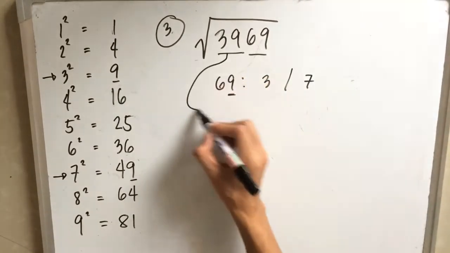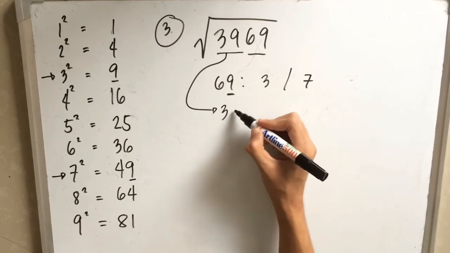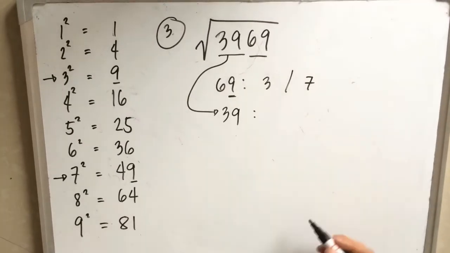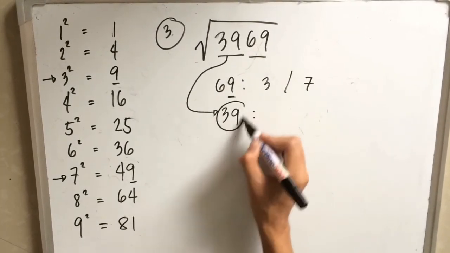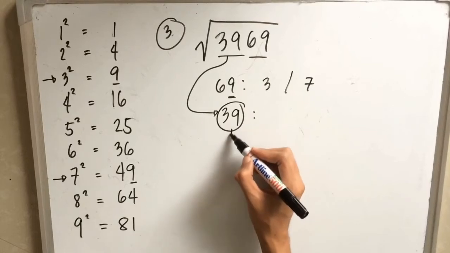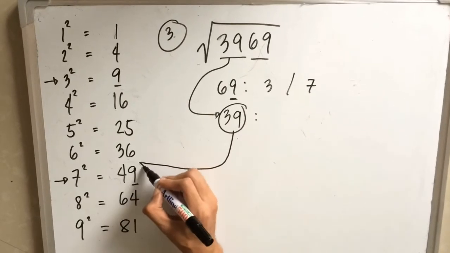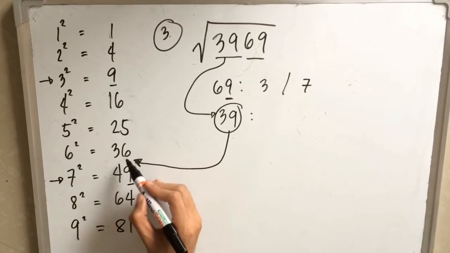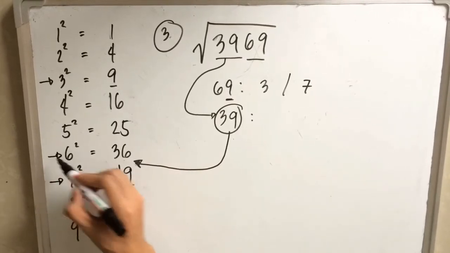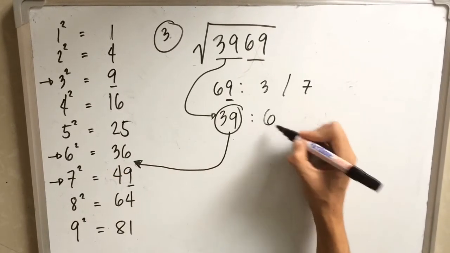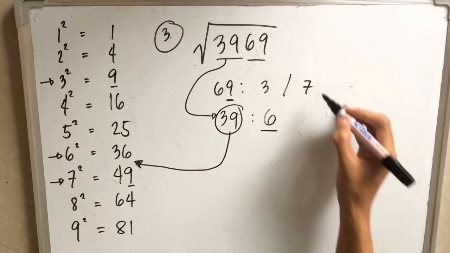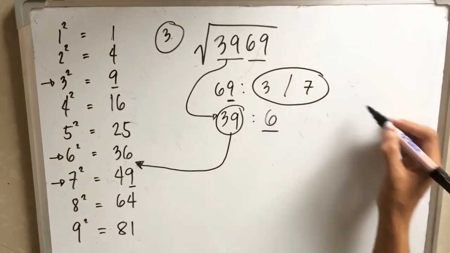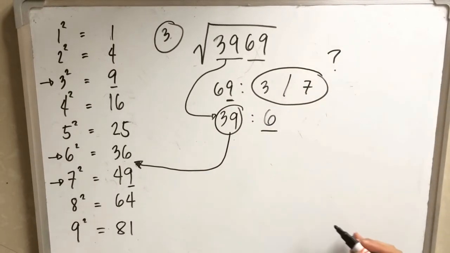This time, considering the last 2 remaining numbers, it's 39. So finding its location, it's somewhere between 36 and 49. So obviously it's 36, since it does not exceed 39. So it's 6. So it's time to decide whether it's 3 or 7.